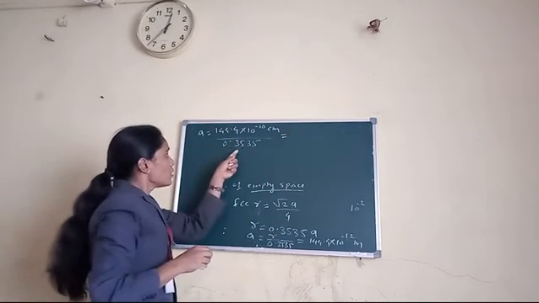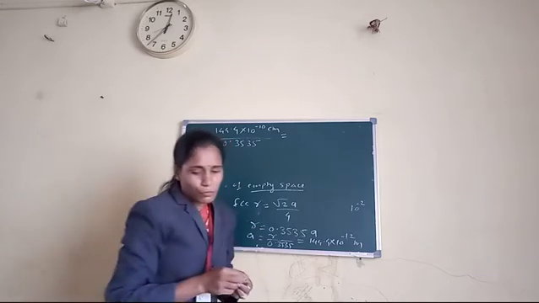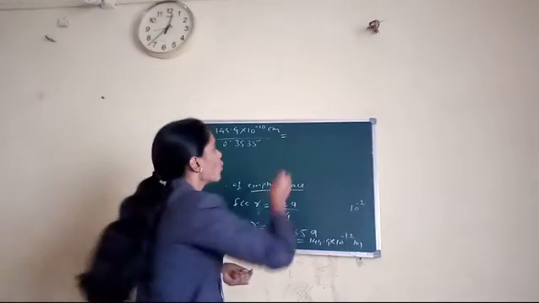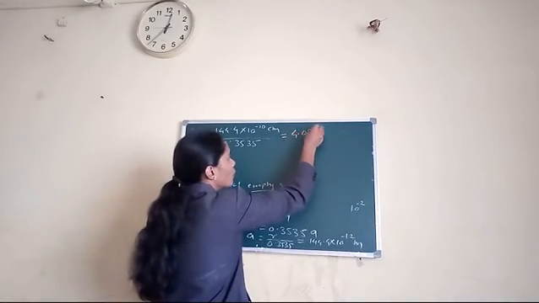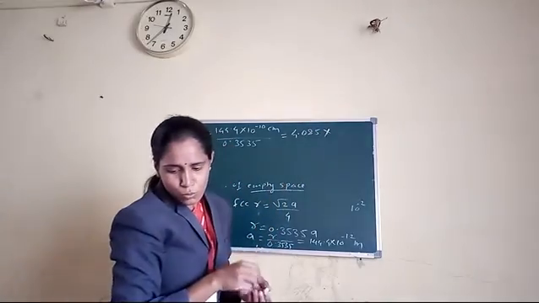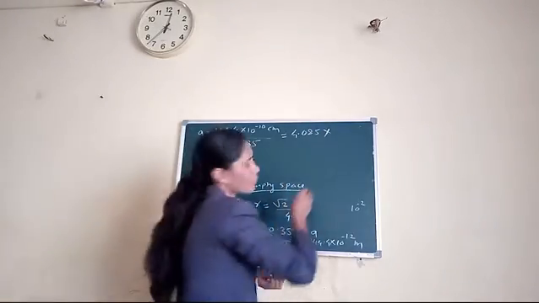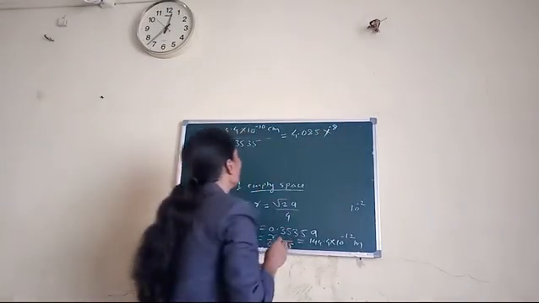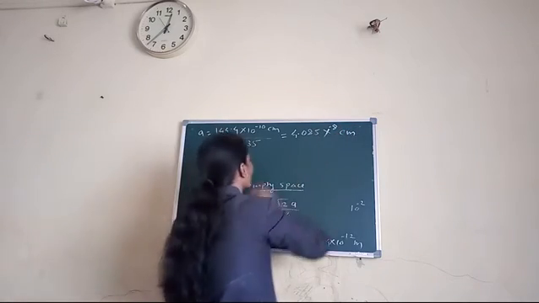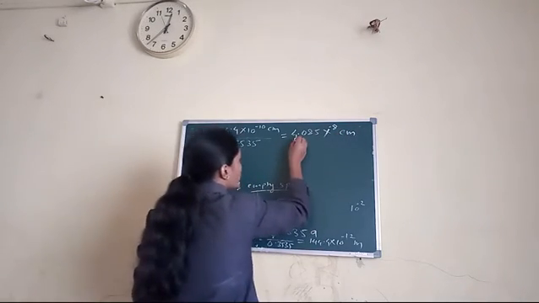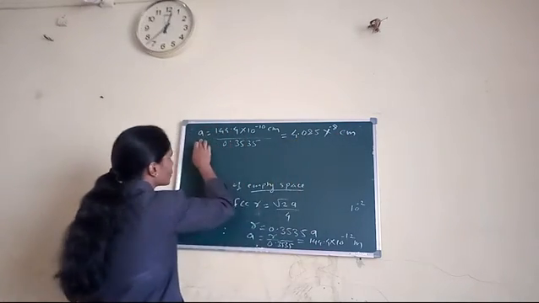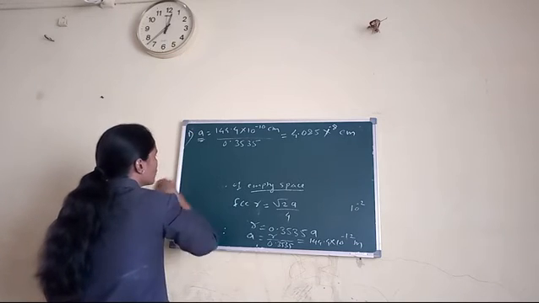By solving this equation, we get the value 4.085 into 10 raised to minus 8 centimeter. We get the value of side length. First calculation of side length. Then next.